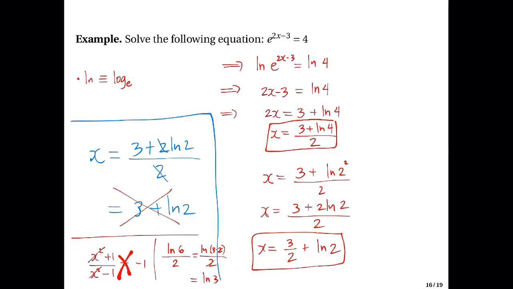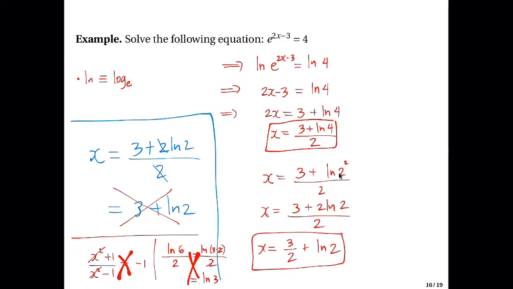Again, this is not correct. It's just ln of 6 over 2. Do not factor 6 into 3 times 2 and then cancel those 2. It's not allowed.